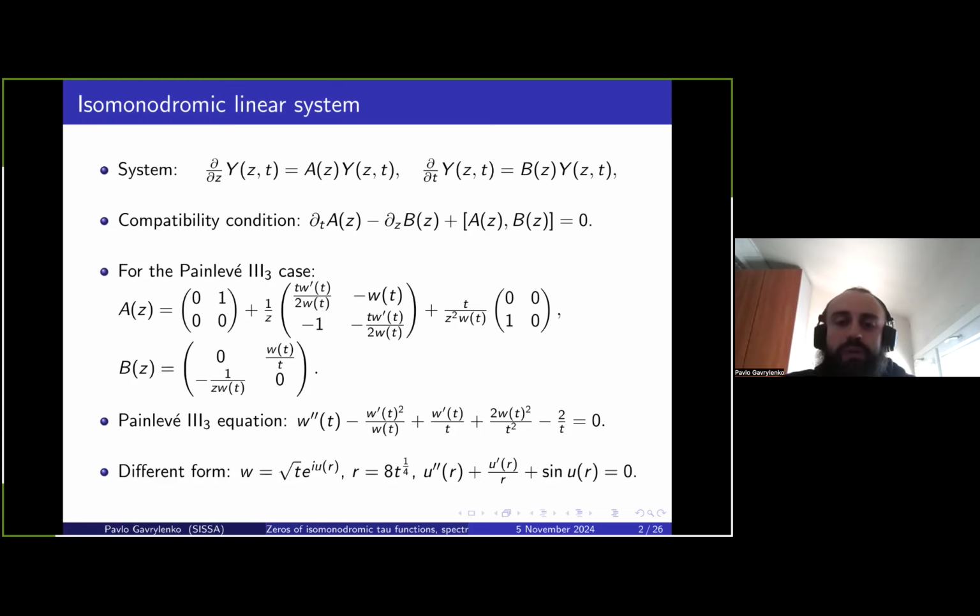So, as usual, we ask for compatibility of such equations, and instead of usual classical systems, this compatibility condition has three terms. One is the commutator of A and B, another is the time derivative of A. In the classical system, it will describe the isospectral evolution of Lax.